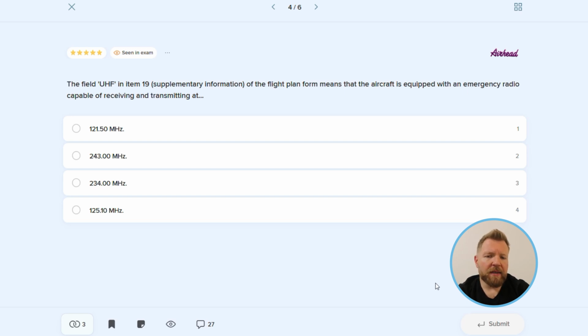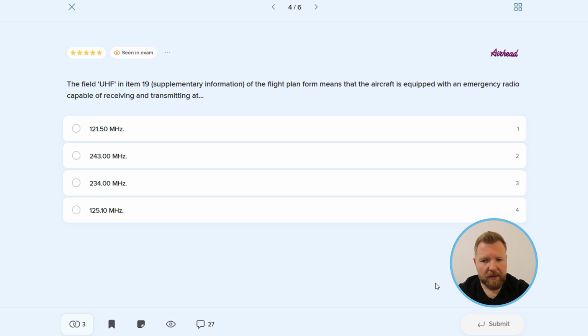Item 19 contains a variety of supplementary information grouped into 3 categories: endurance, persons on board, and emergency and survival equipment. The latter one is further divided into 7 subcategories, namely radio, survival equipment, jackets, dinghies, aircraft color and markings, remarks, and pilot in command name.